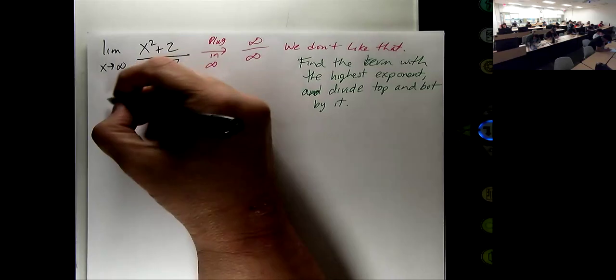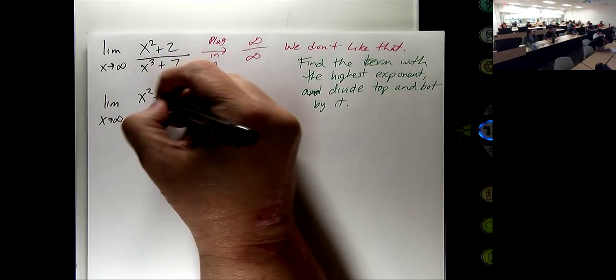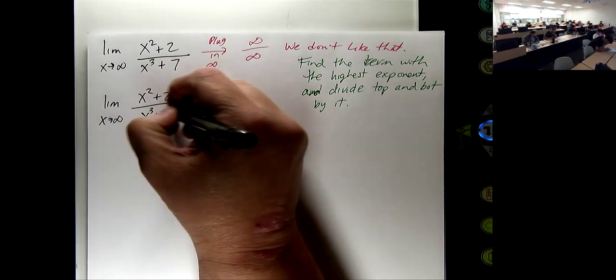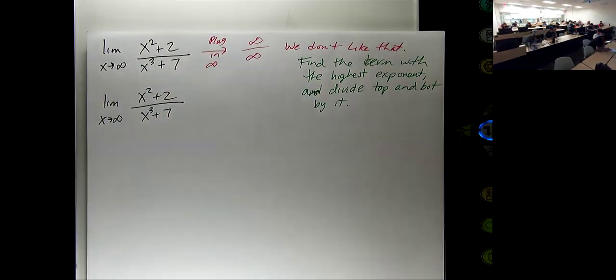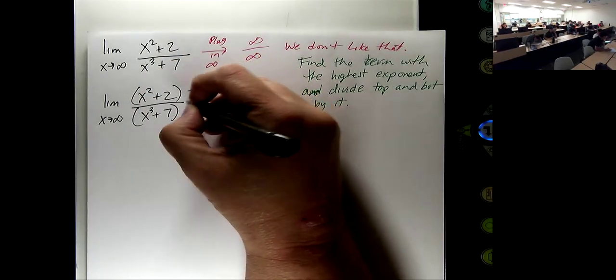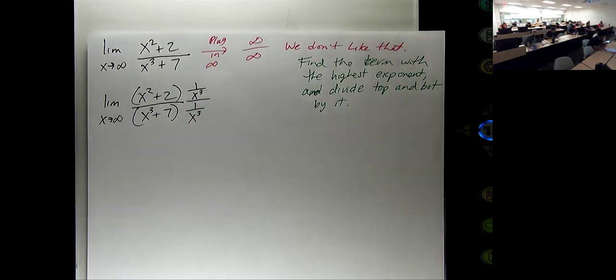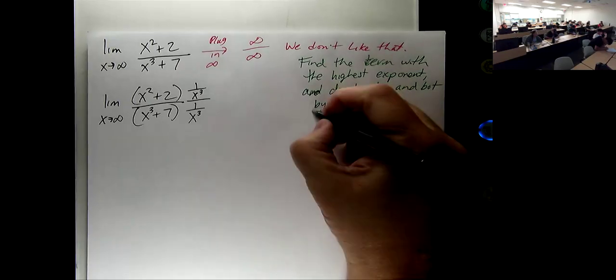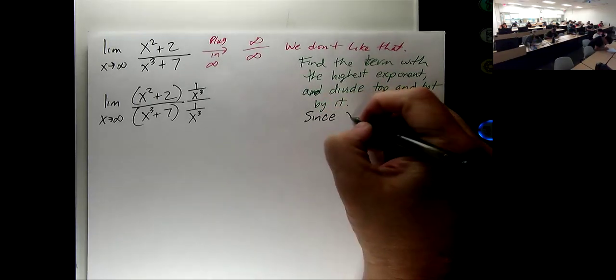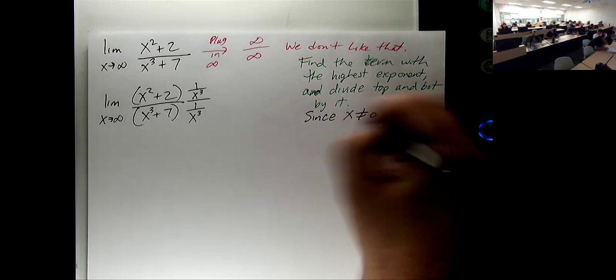So I'll rewrite this. The highest term is x cubed. So I'm going to multiply top and bottom by 1 over x cubed. Since x is not equal to 0 as x goes to infinity, we can do this.